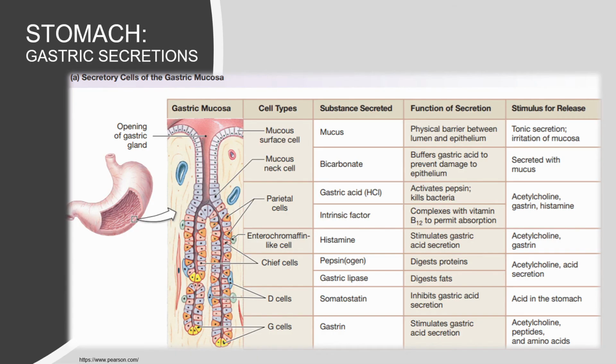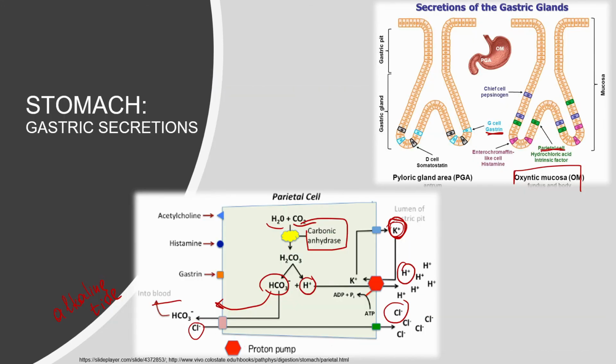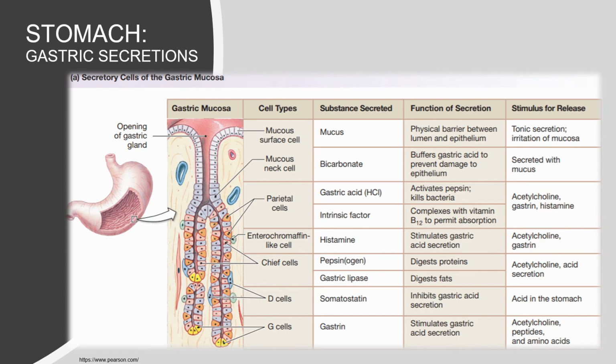If we talk about gastric secretions in general, first let's see which substances are produced in the stomach. We've already talked about the gastric glands, which are pyloric and oxyntic glands. Let's take a look at each substance.